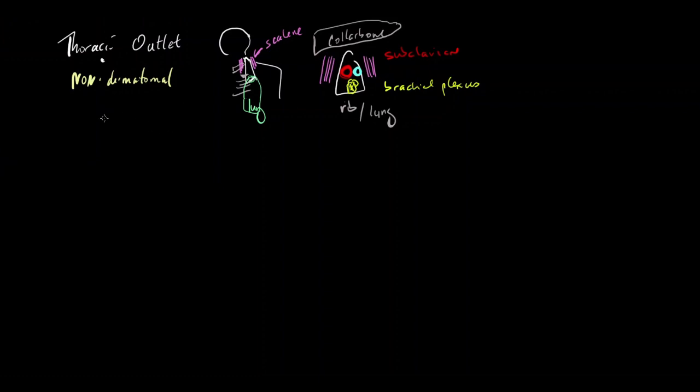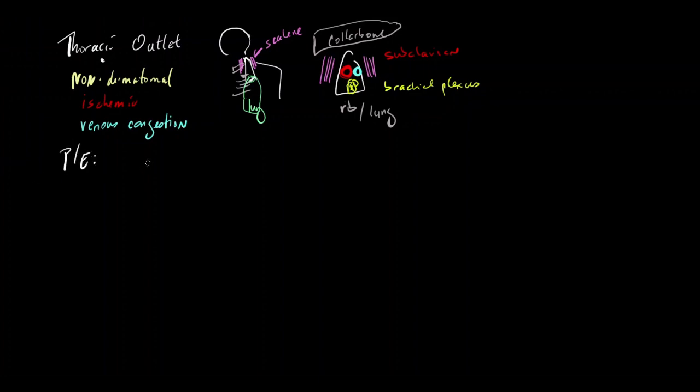So if it's the subclavian artery getting involved, you'll get some sort of ischemic symptoms like pulselessness, maybe a Raynaud's type syndrome. And if it is the vein, you will get congestion, venous congestion. So on an exam, they would have to show you some patient with this non-dermatomal weakness, numbness, pain, and usually some vascular phenomenon as well.